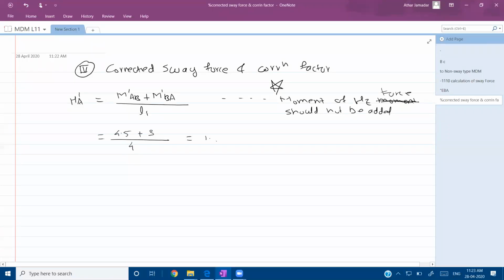This is going to be 1.875, and now the corrected sway force we will denote by S dash, which will be equal to H dash A plus horizontal loading. So H dash A is 1.875 and horizontal loading is 0, so this S dash is directly 1.875. Now this correction factor K will be S divided by S dash.